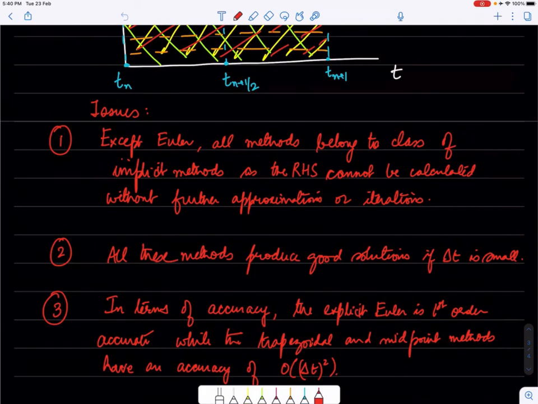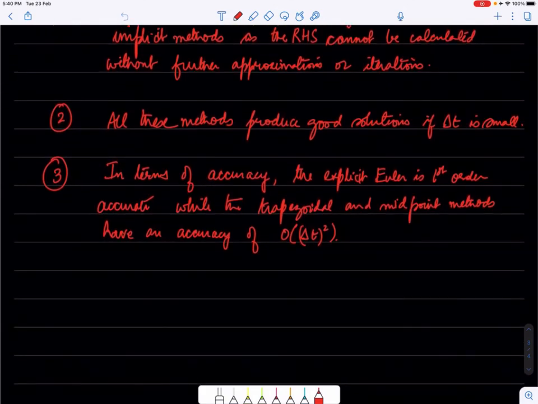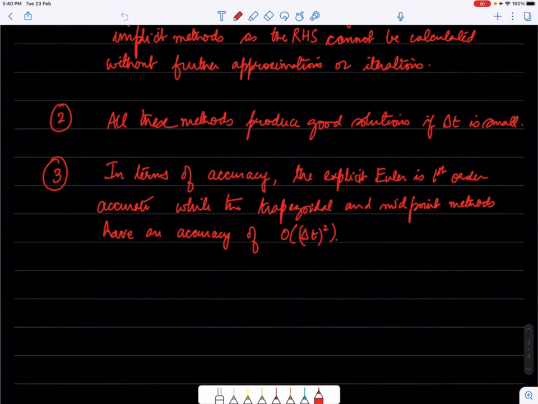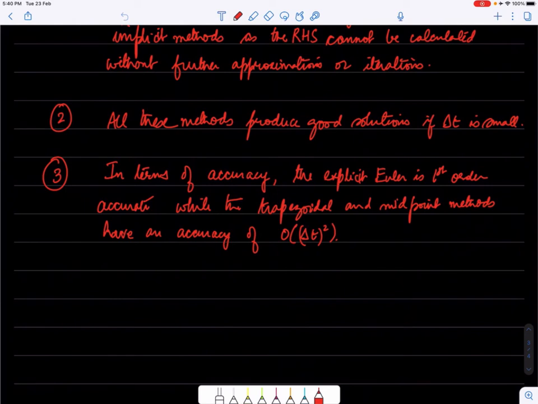Now moving on, we've looked at this specific category of methods which we called the two-level methods. As I discussed, there are two types, explicit and implicit. Explicit are definitely easy to program but can be unstable if the time step is large.